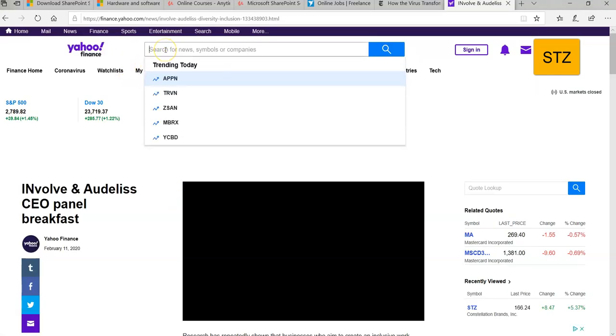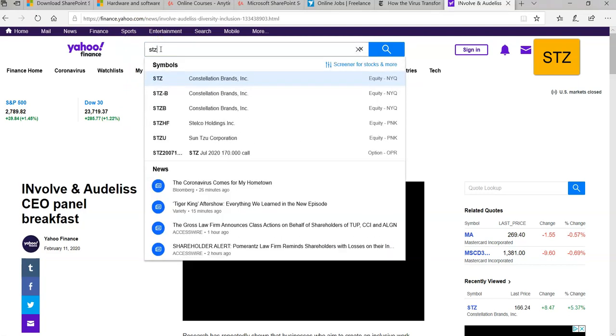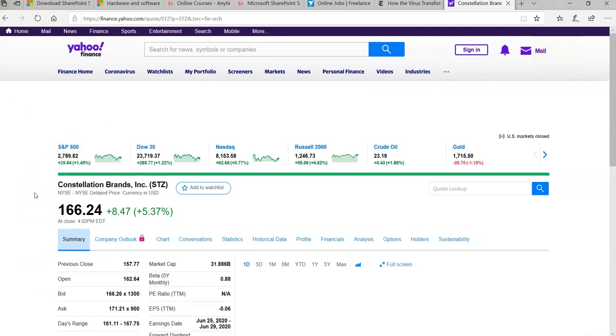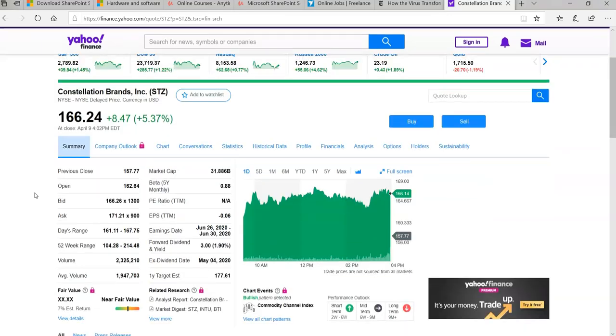Okay, so I'm on finance.yahoo.com and I'll enter STZ, enter or select with your mouse. So Constellation Brands, STZ, is trading on NYSE, and as of the recording date, it was at $166.